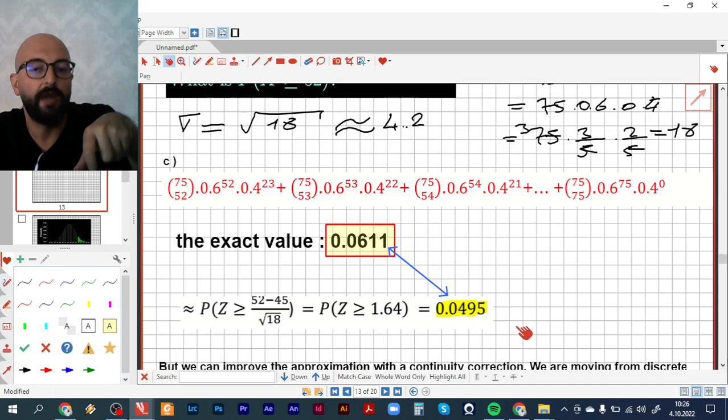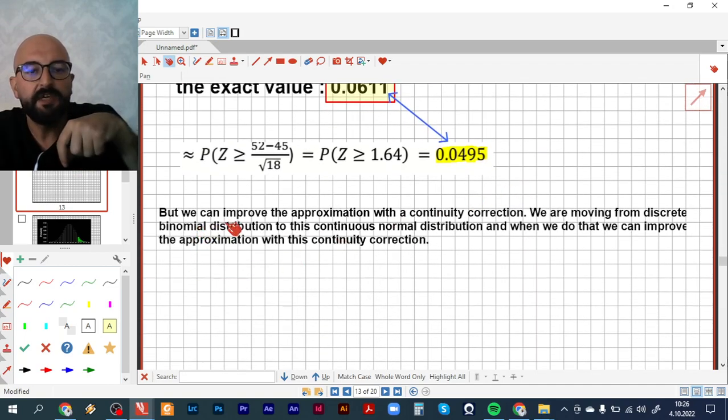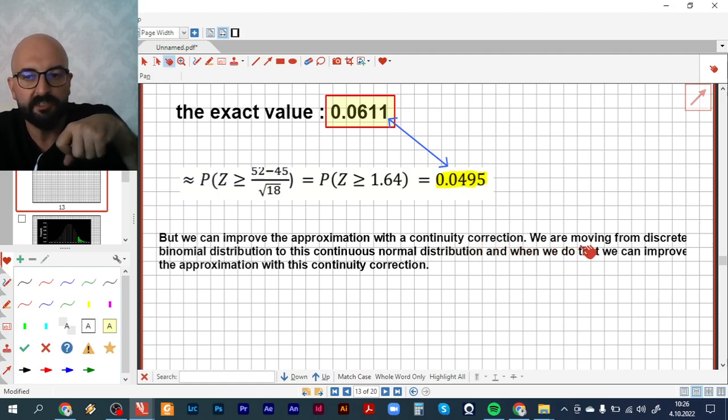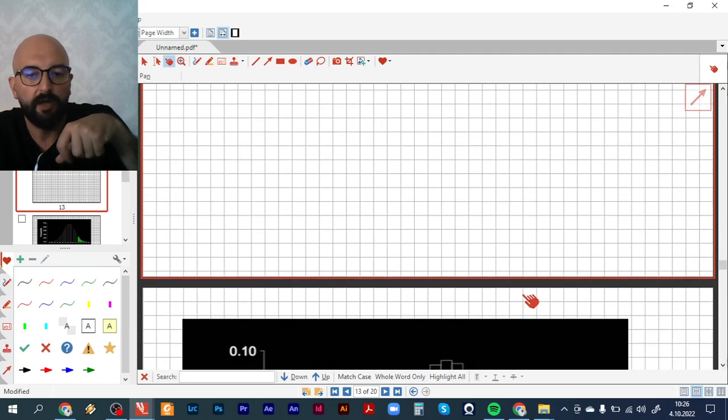But we can improve the approximation with a continuity correction. We are moving from the discrete binomial distribution to the continuous normal distribution, and when we do that, we can improve the approximation with this continuity correction.